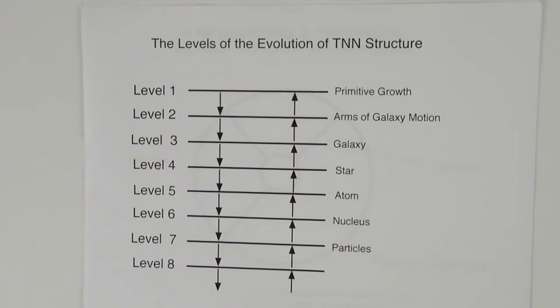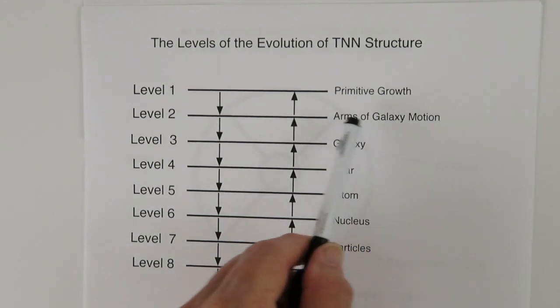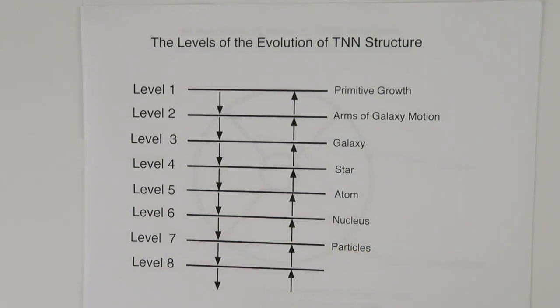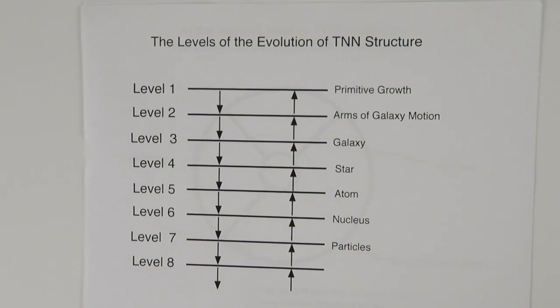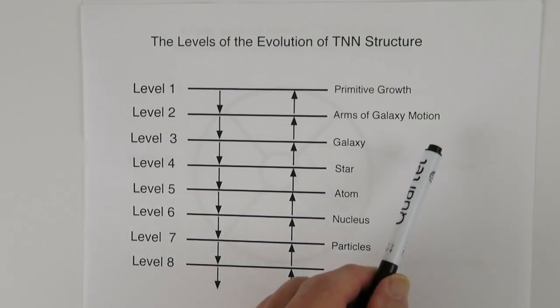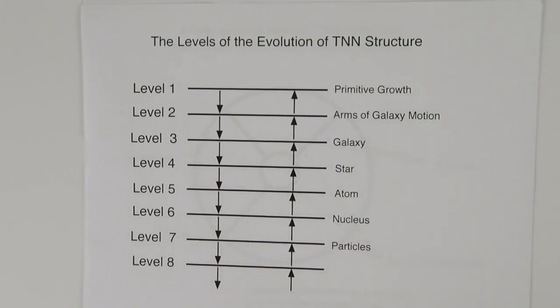I've brought back the level diagram and added to it the potential levels of a feature in the universe. The first level is concerned with the primitive growth of an evolution of the relationship between the fabric of the universe and the EDS structure that controls it. The second level is the evolution of the notion of the arms of the galaxy and their motion.